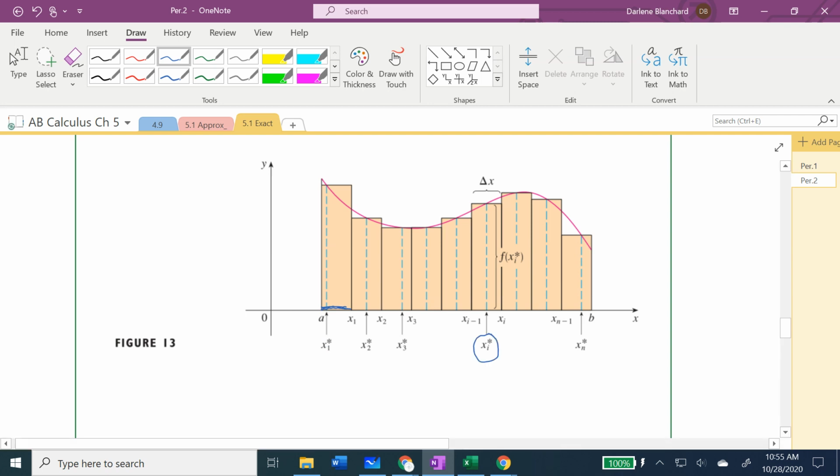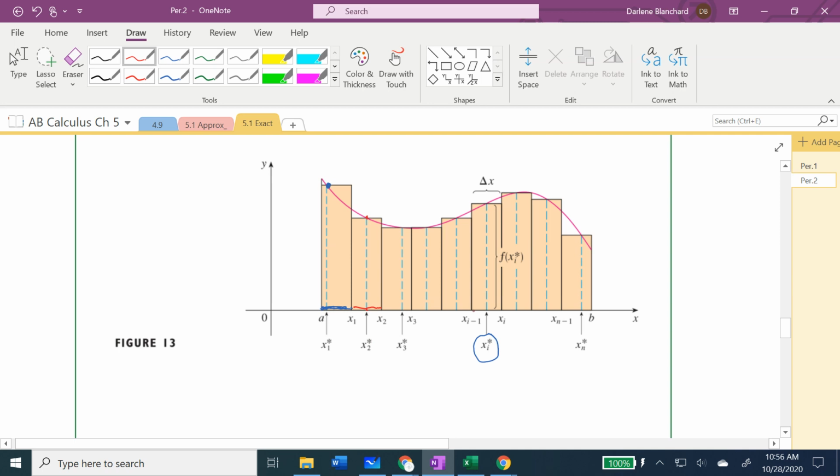You will see in the future in the textbook, it's going to talk about x sub i star.